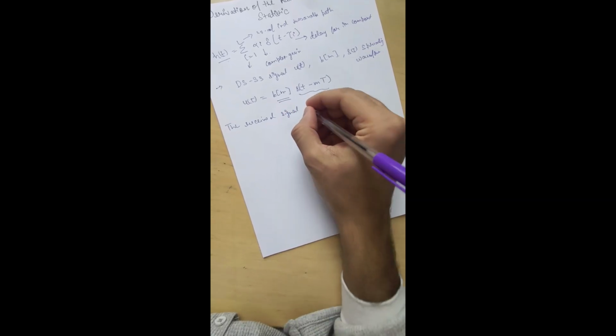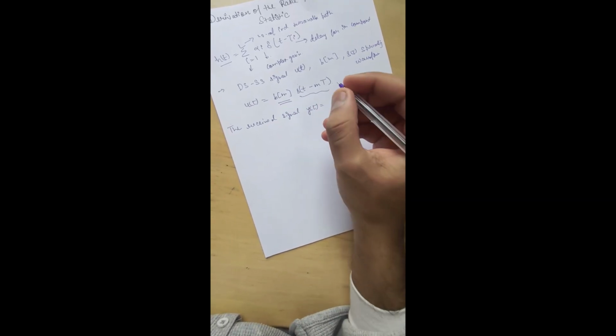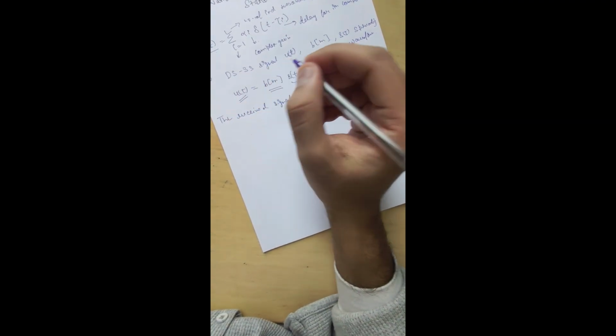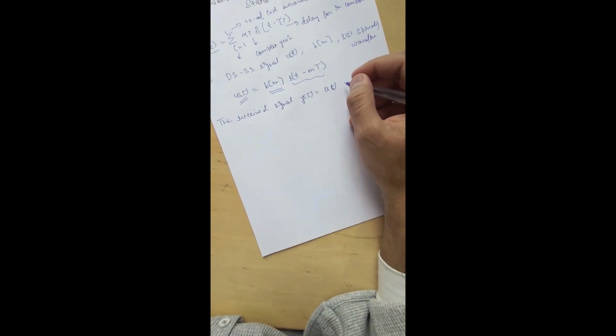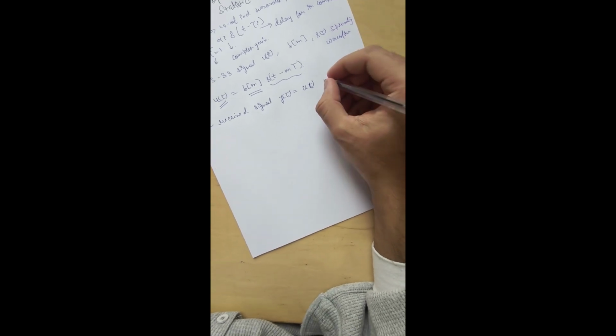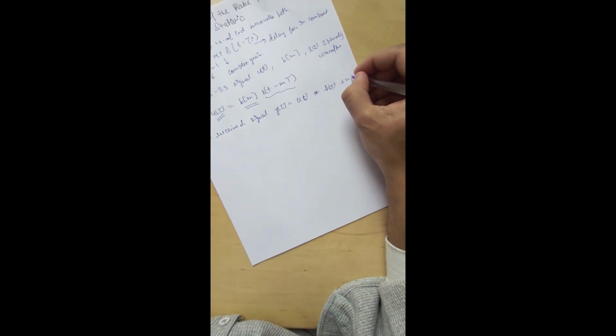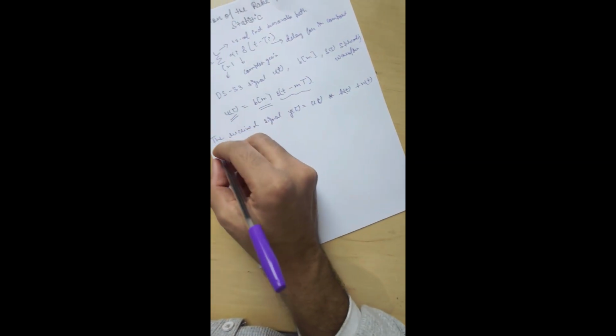So the received signal now becomes y(t) equals u(t), the DS spread spectrum signal, convolved with h(t), the channel, plus some AWGN noise.